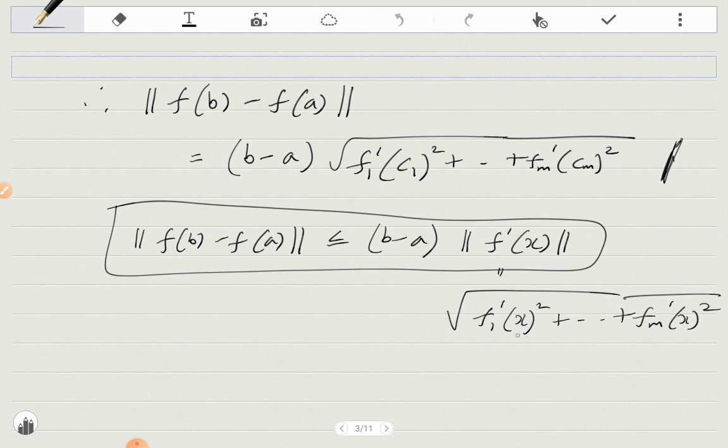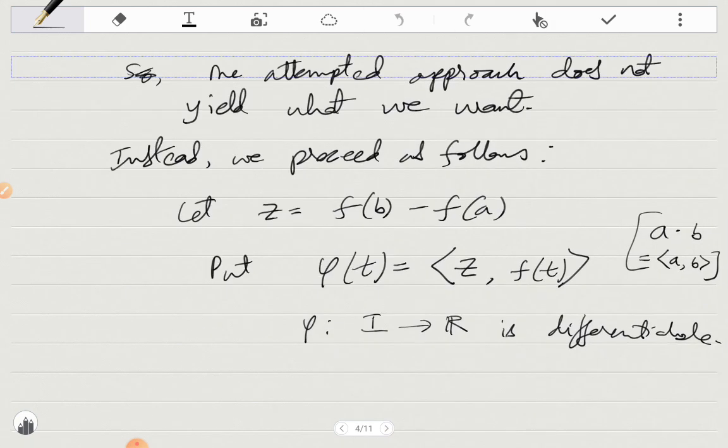So the point is that all these component functions are being differentiated at the same x, which may not be the case if you apply the mean value theorem separately to all of them. So the attempted approach does not yield what we want.